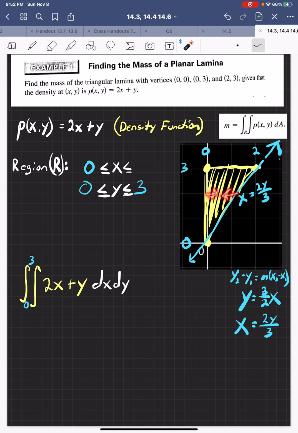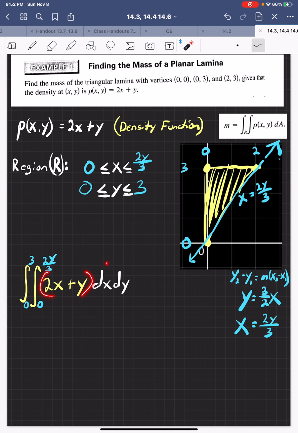All right. So that tells me how to bound x and y. So let me go ahead and plug everything in. So 0 to 2y over 3. Okay, and this is fairly easy integration. We'll go ahead and just start working it.